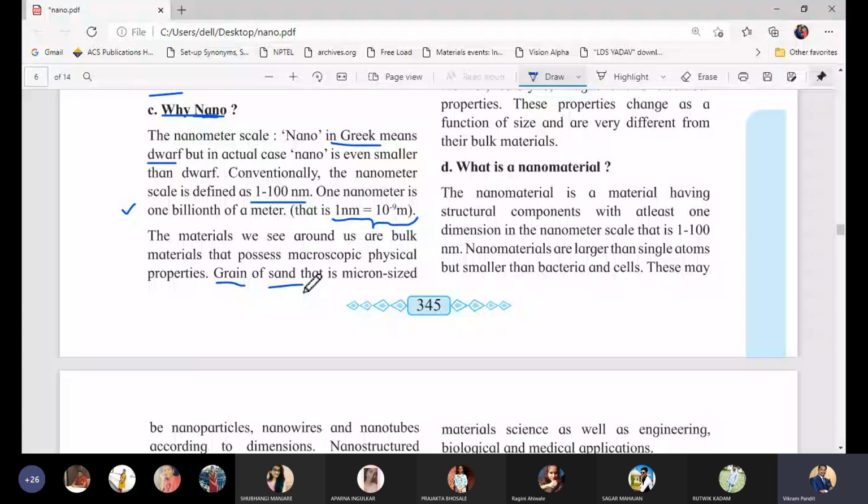Whatever things we see around us are all 3-dimensional, right? The human body is also 3-dimensional. So the main types, 0 dimension, 1 dimension and 2 dimensions, are discussed here with examples. See this diagram, so it will be clear to you.